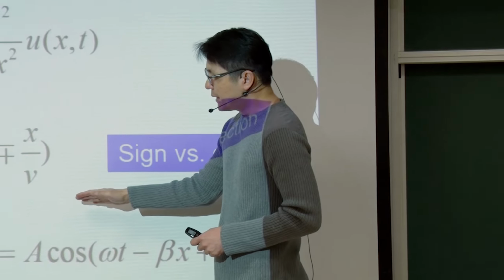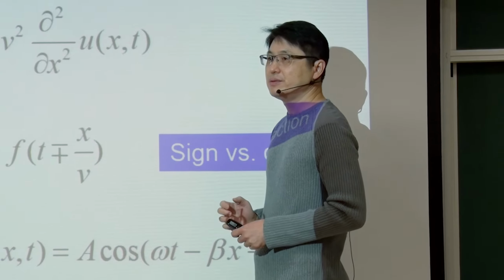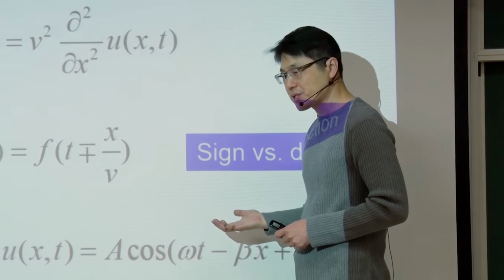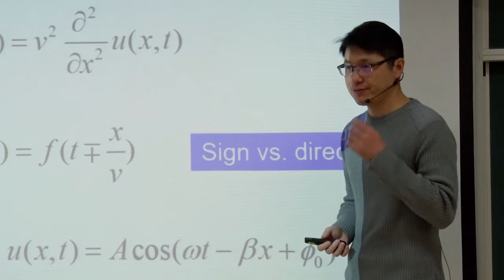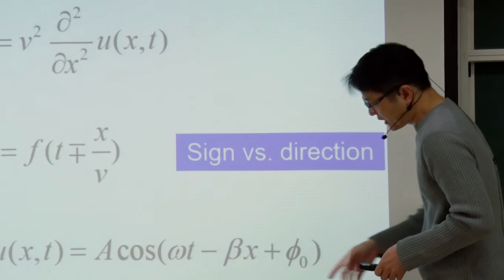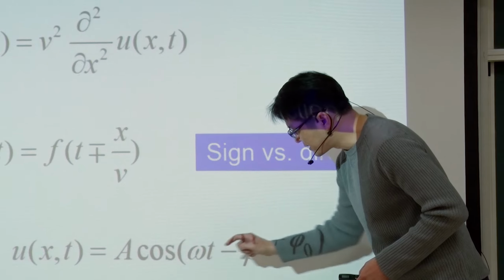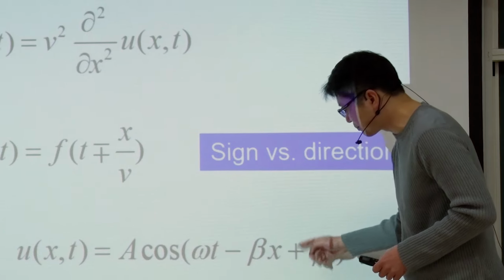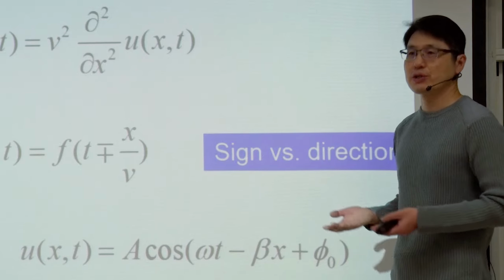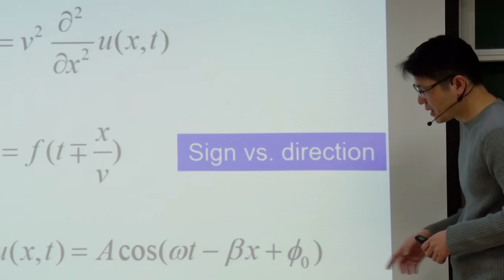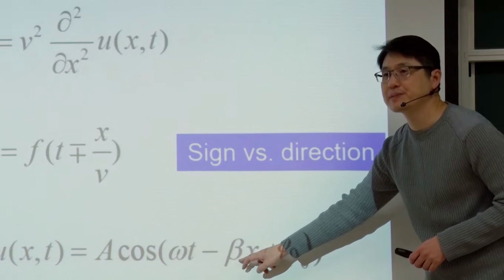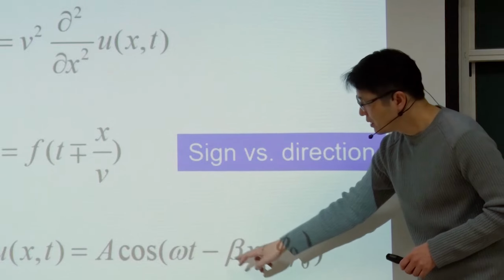So we can have a very simple wave equation solution which takes on a cosine form, a sinusoidal wave. So basically you can have cosine of omega t minus beta x plus some initial phase. We understood initial phase change already, but we don't really know what this beta stands for.